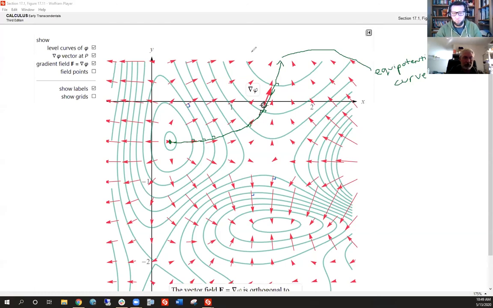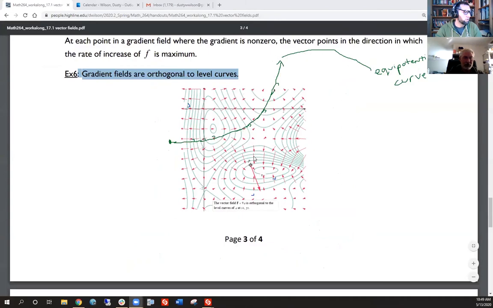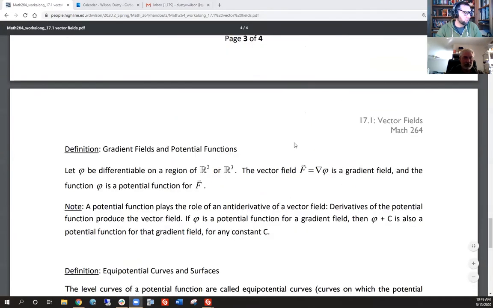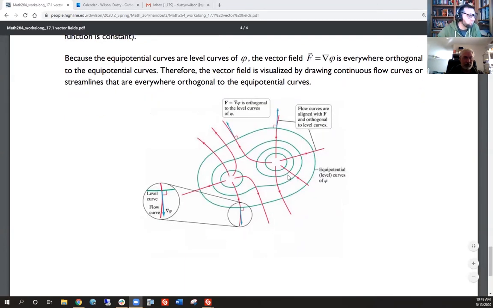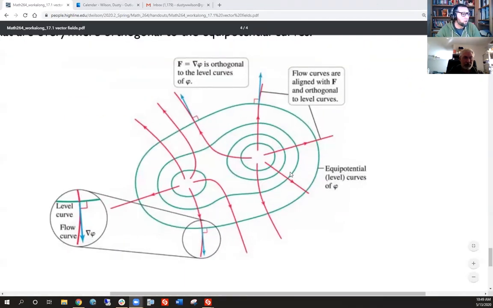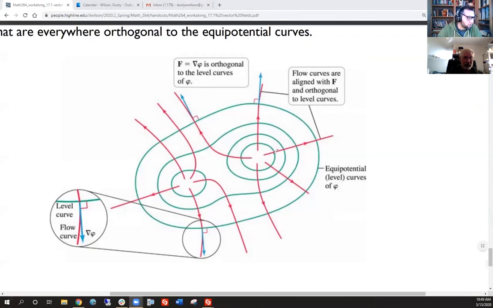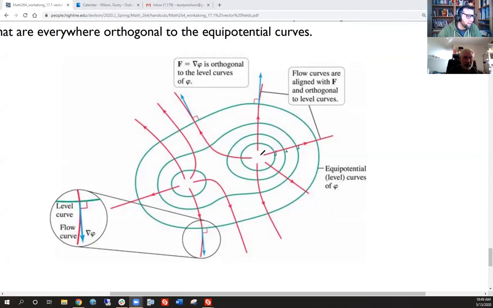Let me show one more picture of that. So here would be an example with those potential curves. So you'll notice that they're always perpendicular to the level curves, and they're continuous. So they are orthogonal to the level curves.